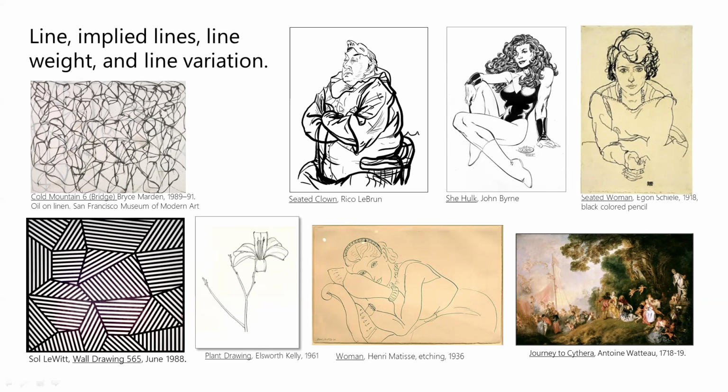So this drawing by Rico Lebrun is a really good example of changes of line weight, changes of line variation, and this Bryce Martin as well. Also in this, we're looking at lots of different uses of line, like regular lines versus irregular lines, curvy, fluid lines, calligraphic lines versus tight and geometric lines.